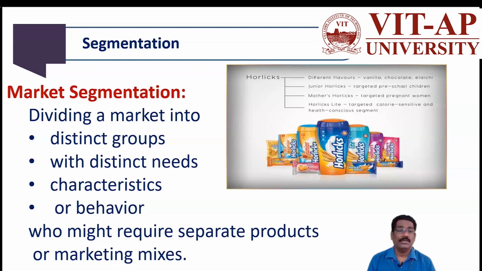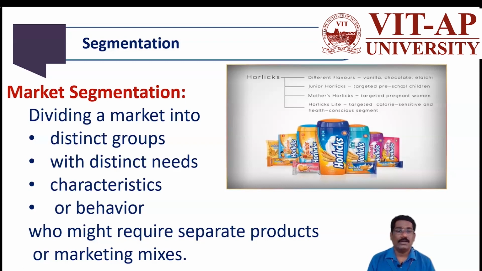Similarly, when you look at Horlicks based on the age groups, Horlicks tries to segment the audience. They have Horlicks 1, 2, 3 for kids, and Horlicks Junior for school children, and also for mothers who need additional nutrition during their pregnancy, they have Mother Horlicks.